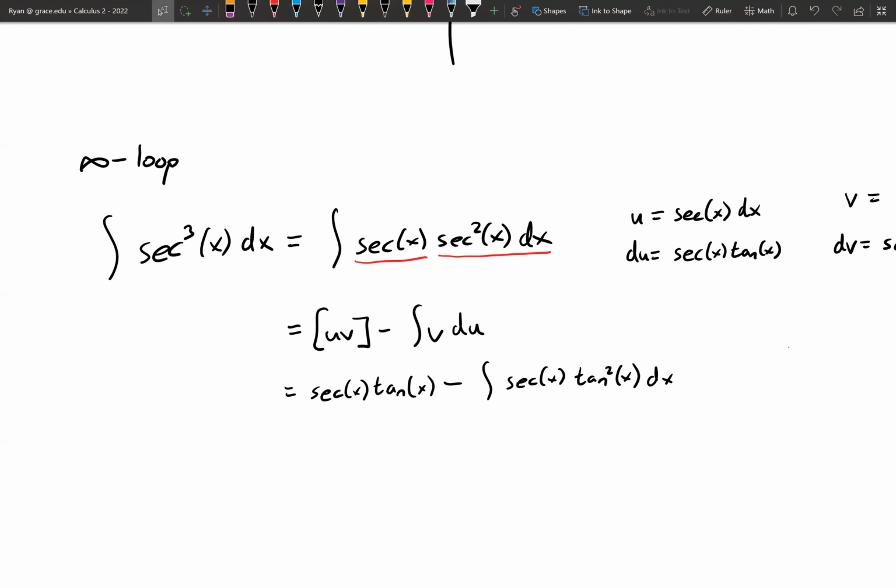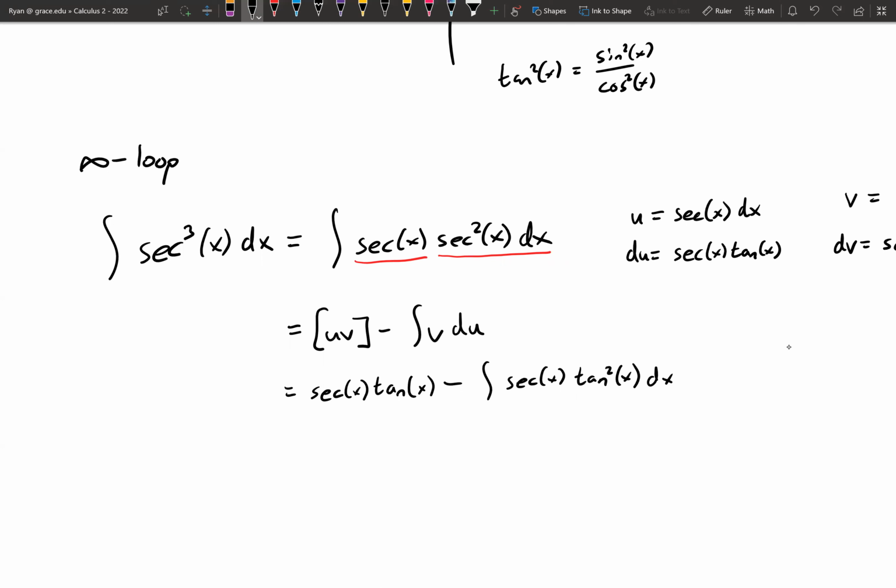Okay, so now when we're thinking about our trig identities here, tangent squared of x is sine squared over cosine squared, right?